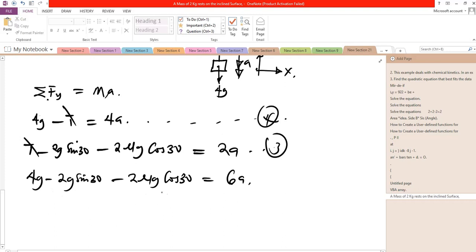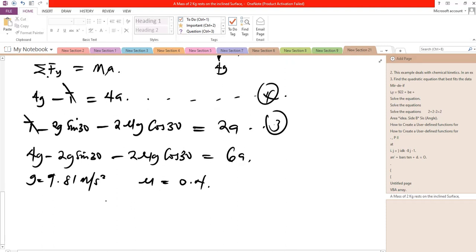Now we can solve this. You know, g is equal to 9.81 meters per second square. You have the mu to be 0.4. So now substituting this, we can solve for our a, which is the acceleration.